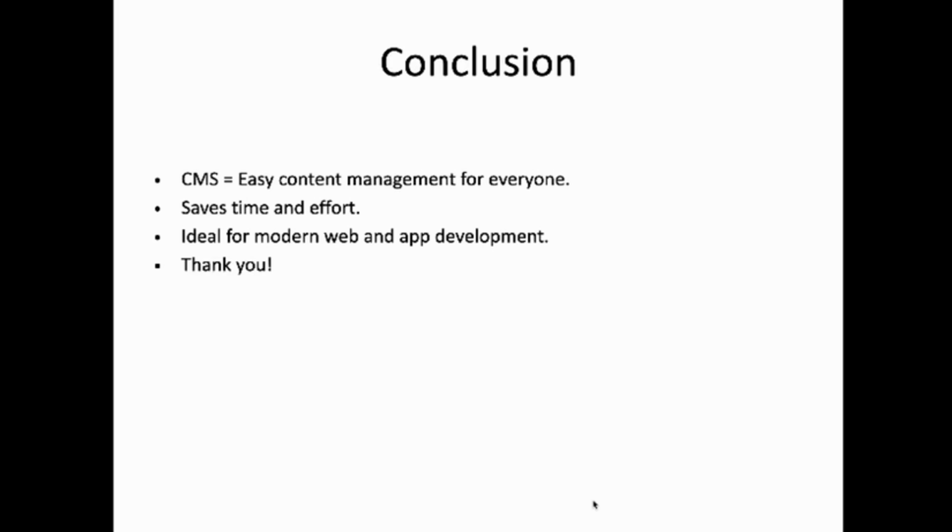It's very easy to manage the content. It will save time and effort. You spend months to build your app or website, but Strapi helps you build much quicker. Backend is the hardest part in coding, so it will help you create without needing to code. You just have to design your front end and integrate it. That's simple. It's very ideal for modern web and app development.